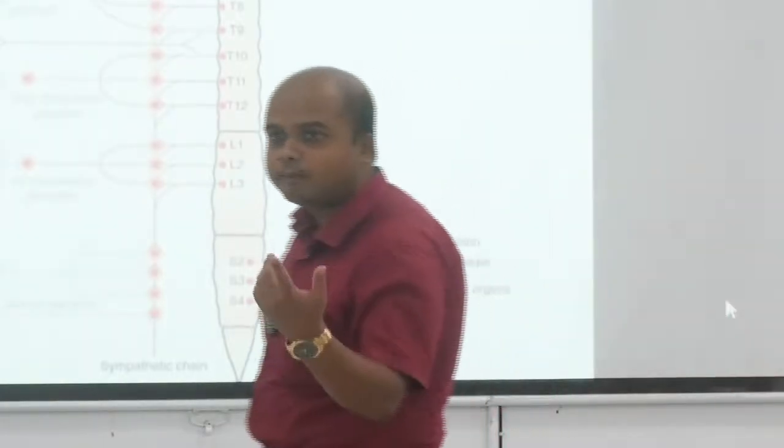And in Horner syndrome, miosis, ptosis, and anhidrosis. Sometimes enophthalmos also, sunken eyeball. Right? Treatment is symptomatic. So these are some clinical applications. I think basic structure and actions on some important organs you have got by now.